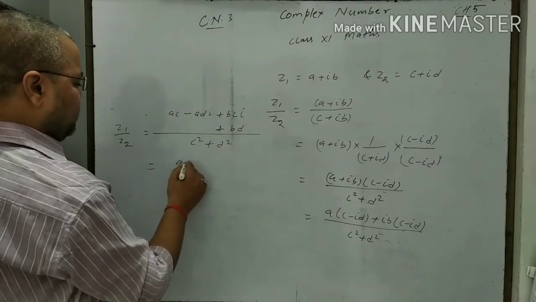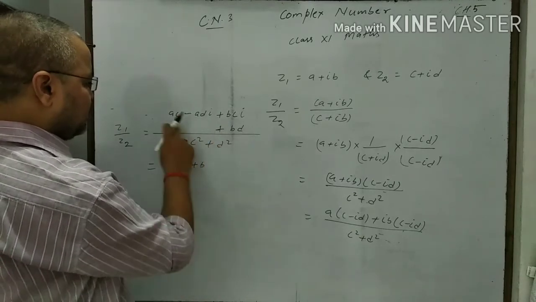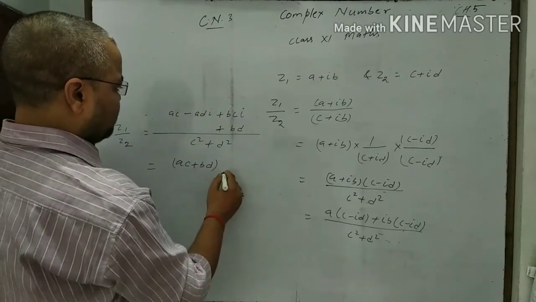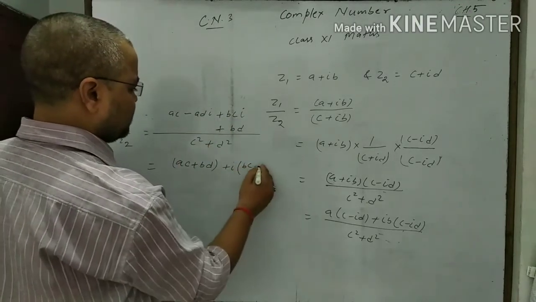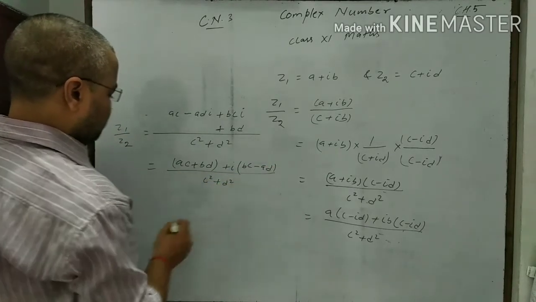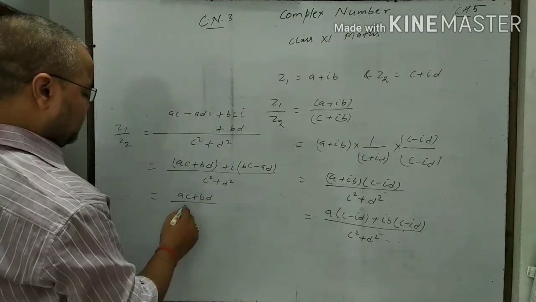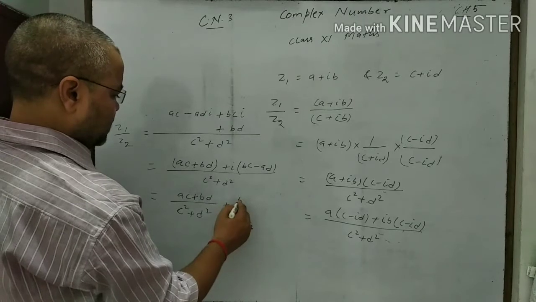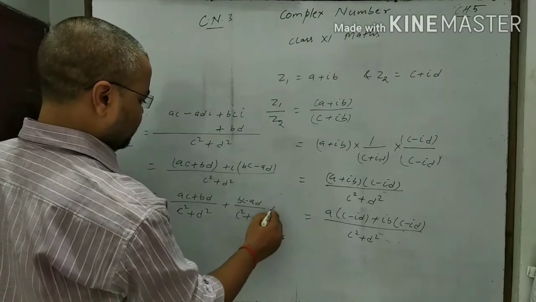Or we can write ac plus bd, again plus i into (bc minus ad), and whole upon c square plus d square. Or we can write (ac plus bd) upon (c square plus d square) plus (bc minus ad) upon (c square plus d square) i.